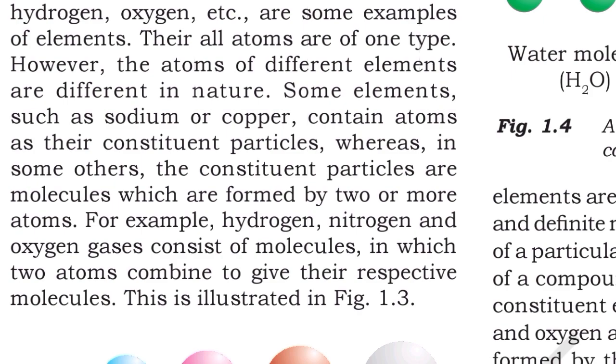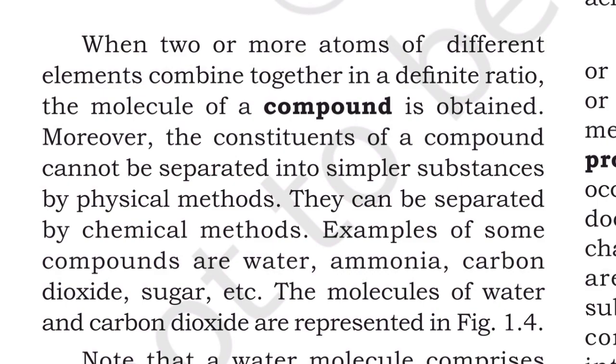This is illustrated in figure 1.3. When two or more atoms of different elements combine together in a definite ratio, the molecule of a compound is obtained. Moreover, the constituents of a compound cannot be separated into simpler substances by physical methods. They can be separated by chemical methods.